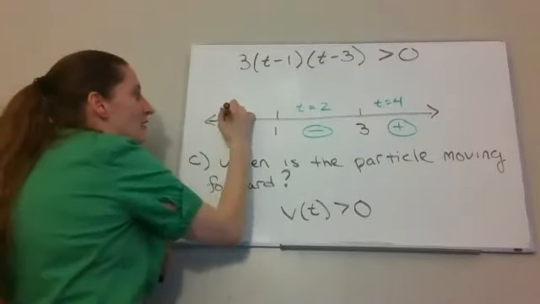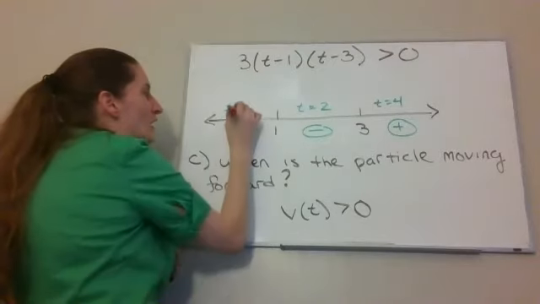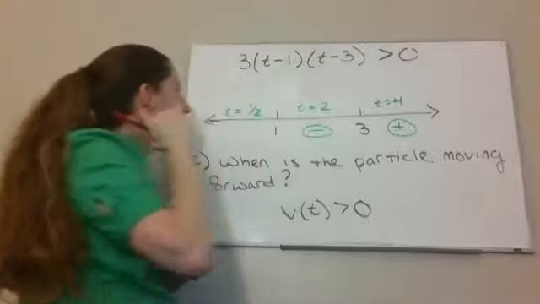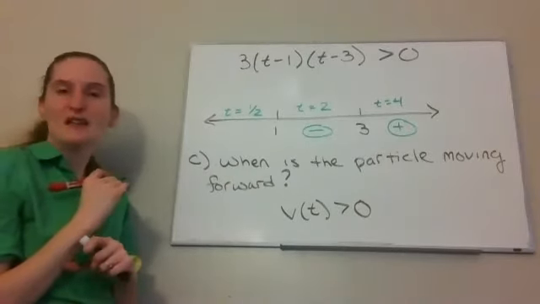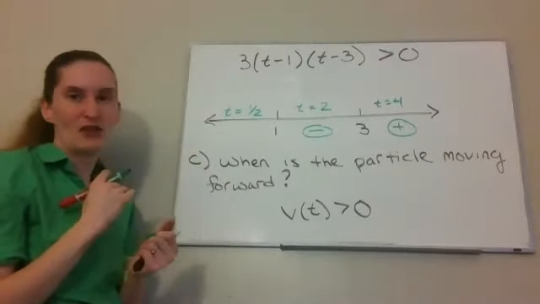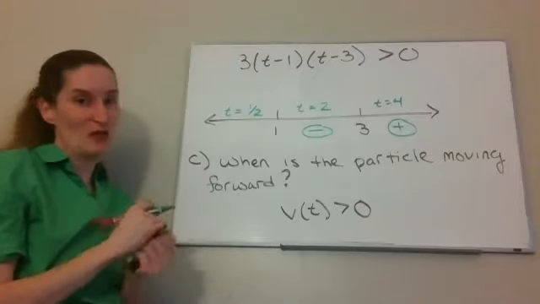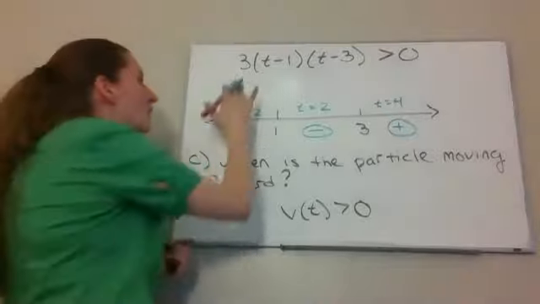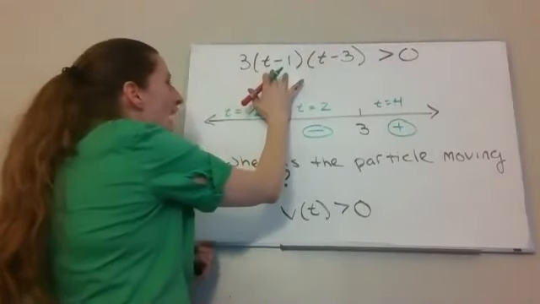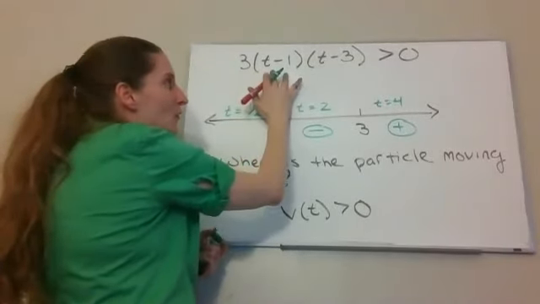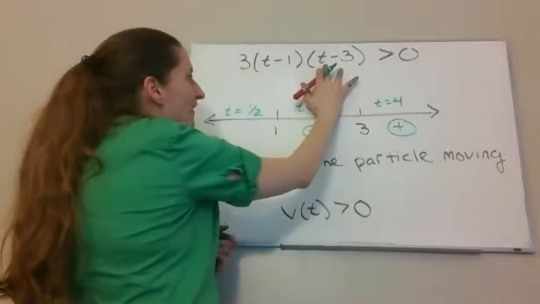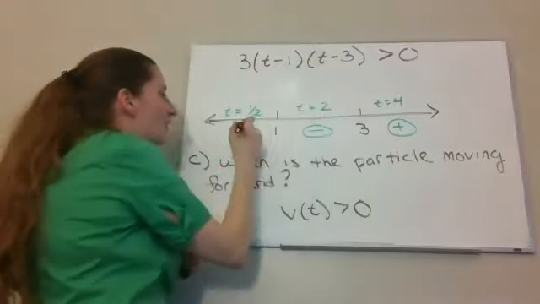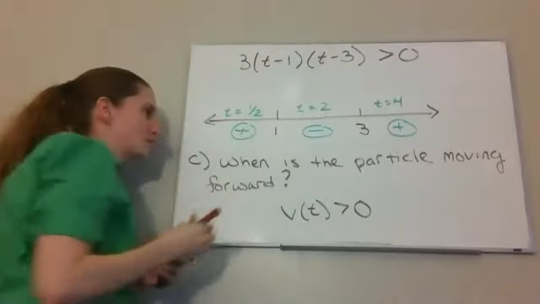And over here, I'm going to choose t equals 1/2 because I don't really want to plug in 0 where time hasn't even started yet, or a negative time, which doesn't make sense. So I'm going to choose 1/2 just to be safe. 3 is positive, 1/2 minus 1 is negative, 1/2 minus 3 is negative. Positive times negative is back to positive.